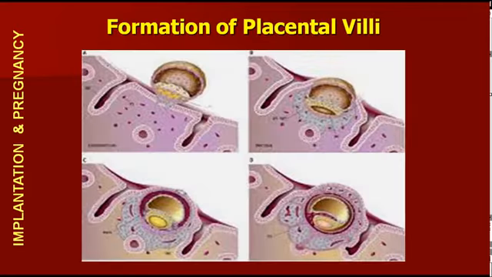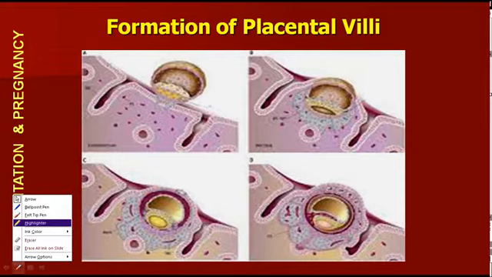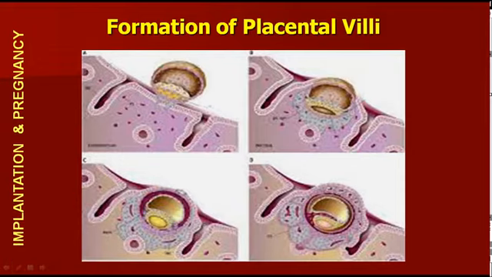Now, in this diagram, you must see it is the stage when blastocyst comes to the surface of endometrium. These are the folded structures present in endometrium.